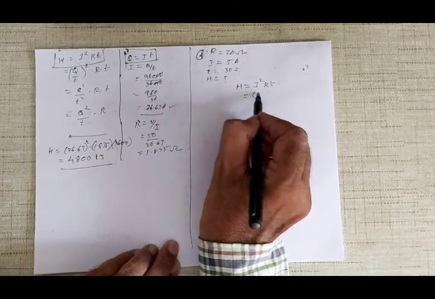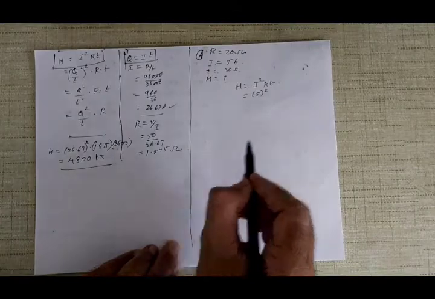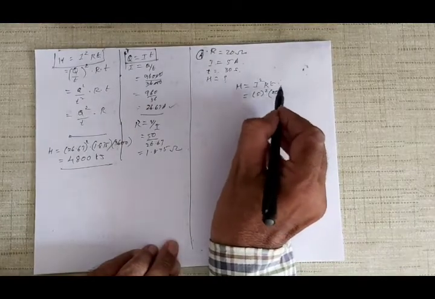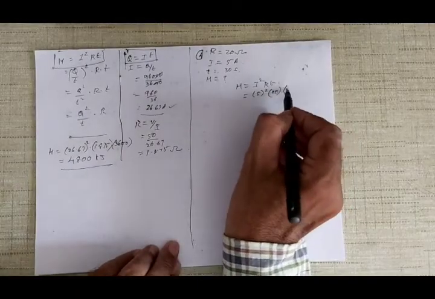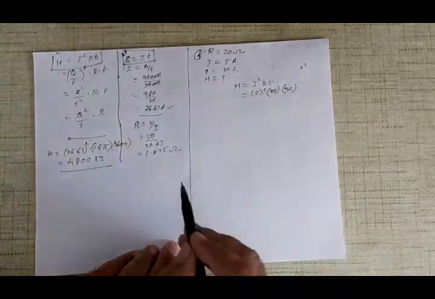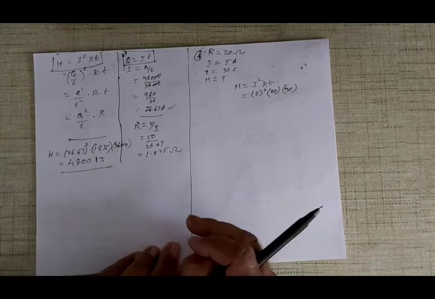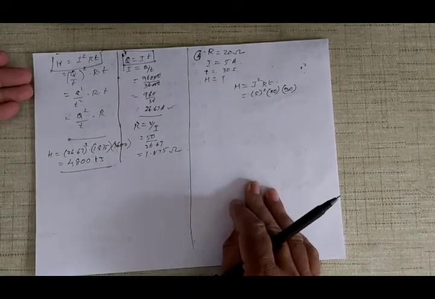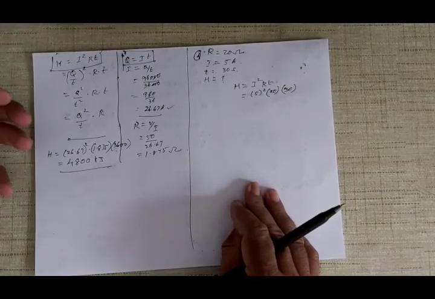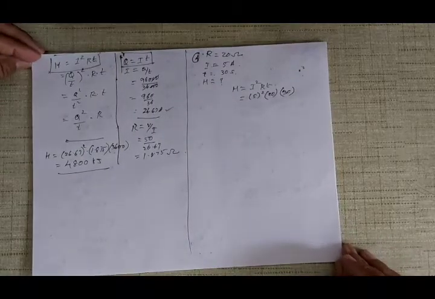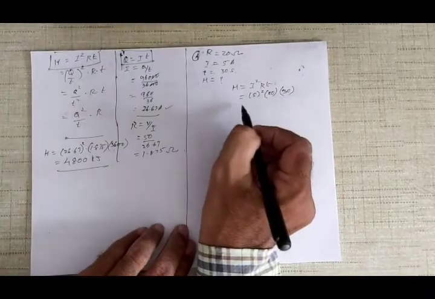I we are given 5 squared. Are we given resistance? Yes. Are we given time? Yes. So in this case, there is no need to change anything. Like in the earlier case, we had to change because resistance and current were not given. But in this case, everything is given straight away, so there is no need to change.